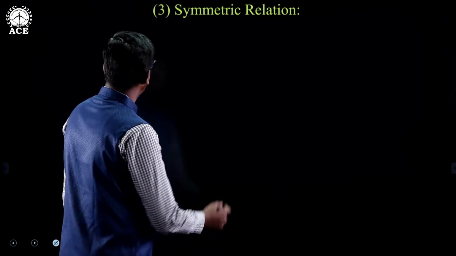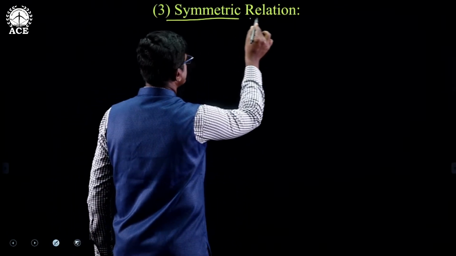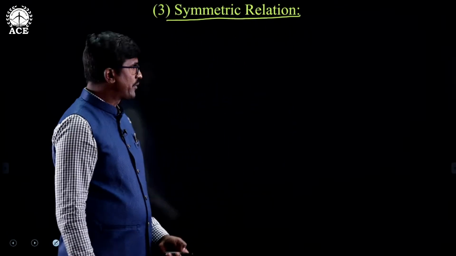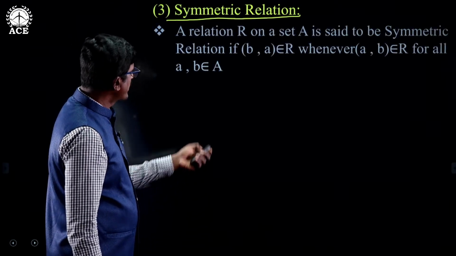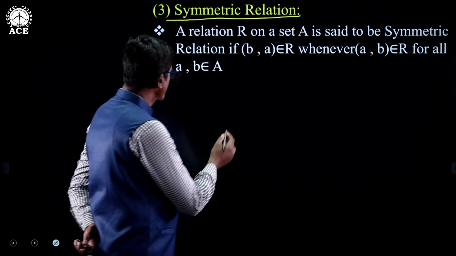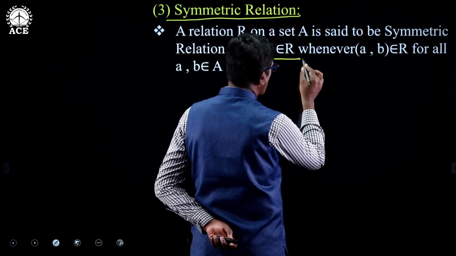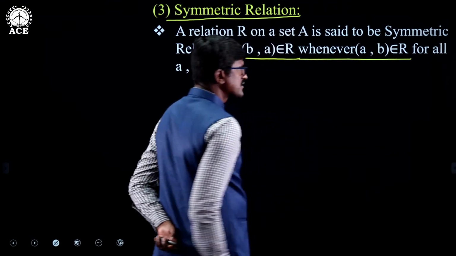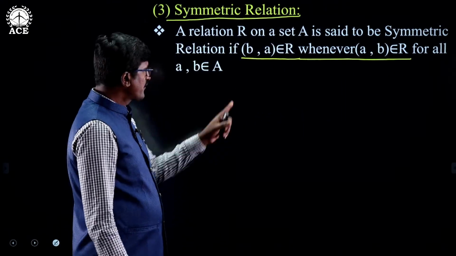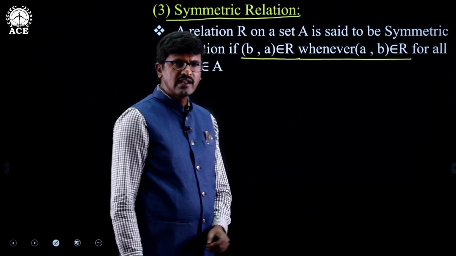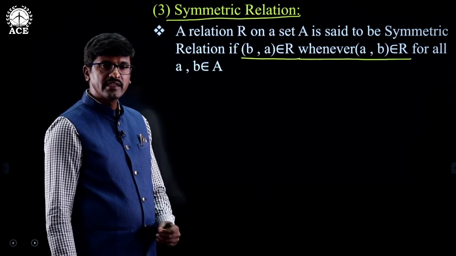Now the next property is the symmetric property, symmetric relation. What is the definition of a symmetric relation? (B, A) belongs to R whenever (A, B) belongs to R. For example, if there is (A, B) in the relation R, then (B, A) must be there.